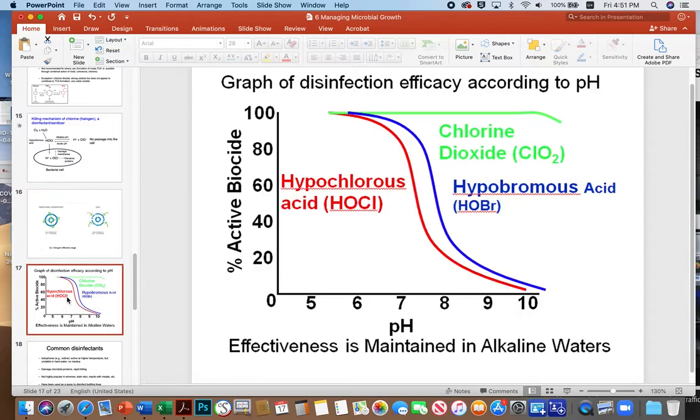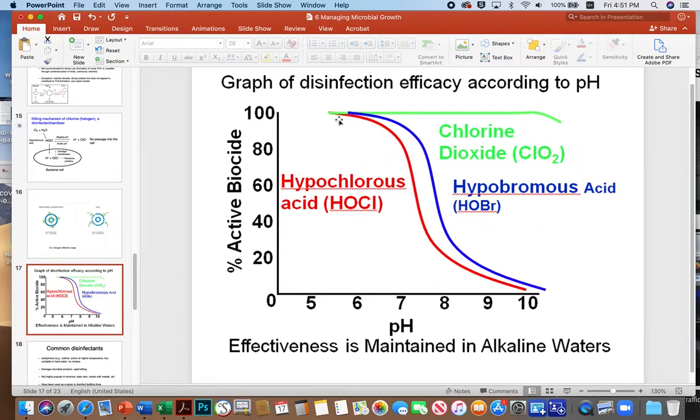And so this graph shows you a little bit of what I just said, where you have percent active biocide on the y-axis, and then as a function of pH on the x-axis. And so you have organic acids. You have inorganic acids like hypochlorous acid and hypobromous acid compared to chlorine dioxide.